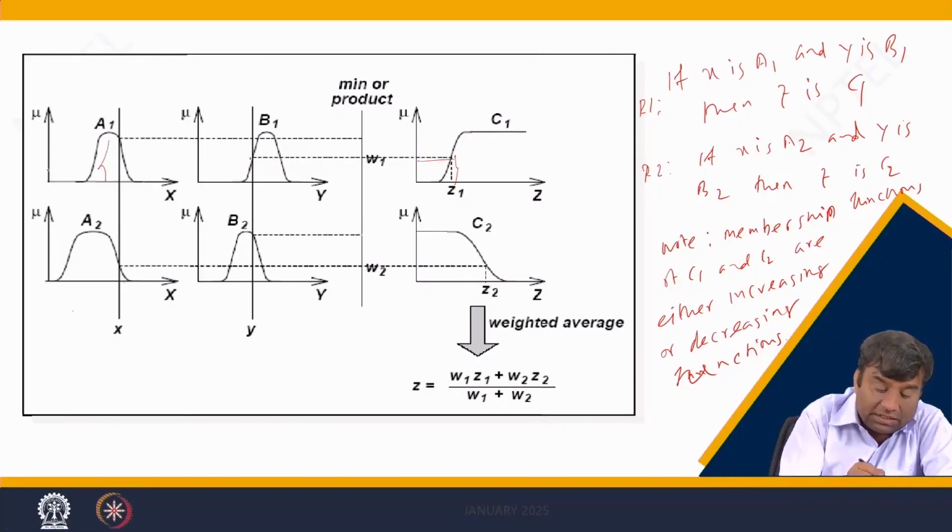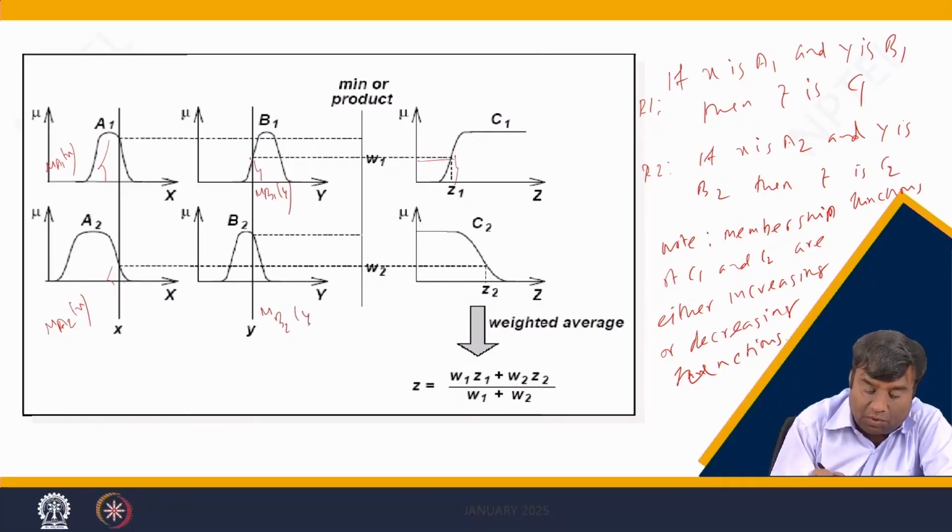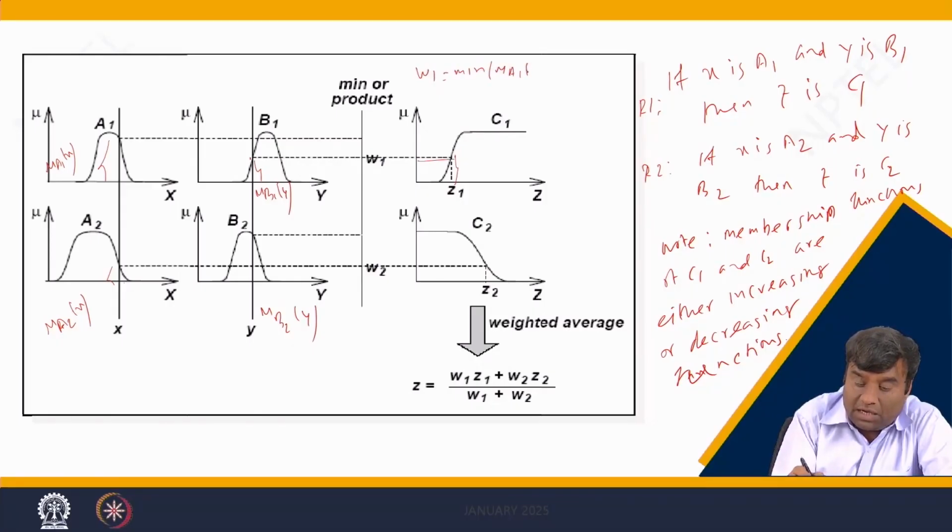This is mu A1 of X. If X is A2 in rule R2, this is mu A2 of X. This is mu B1 of Y. This is mu B2 of Y. Now the rule is AND, so we take the minimum of these two, mu A1 of X and mu B1 of Y. Take the minimum value, so that is W1.